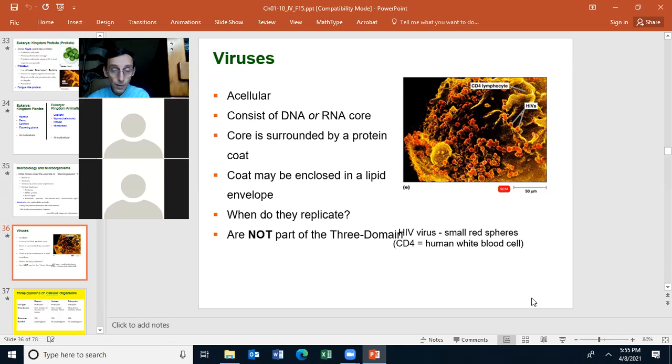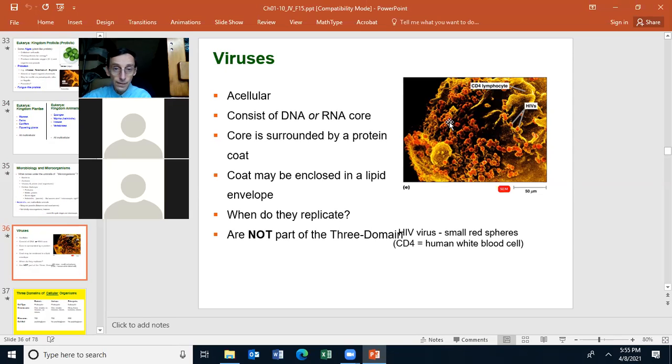That core molecule is surrounded by a protein coat, so all viruses have a core genome that's surrounded by a protein coat. And then some viruses have a lipid envelope around the protein coat. Not all viruses, only some of them.